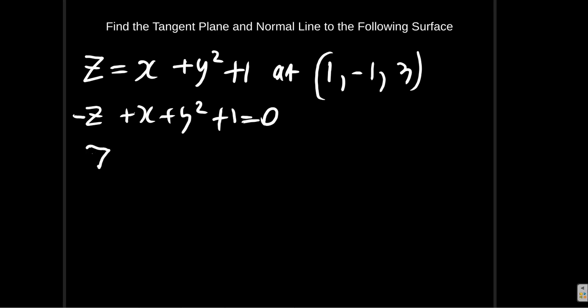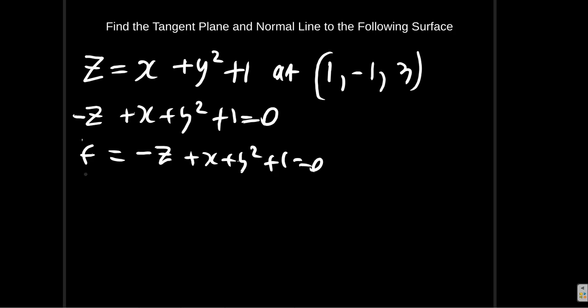Now the gradient. Remember, we say that F is equal to negative z plus x plus y squared plus 1 equals 0.